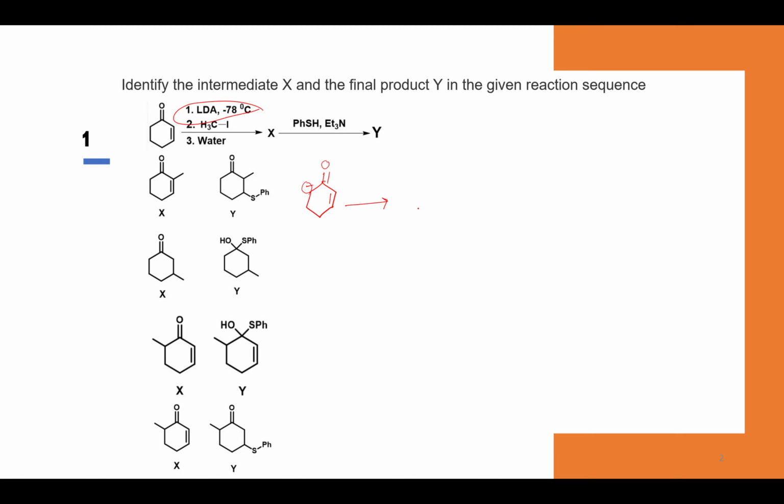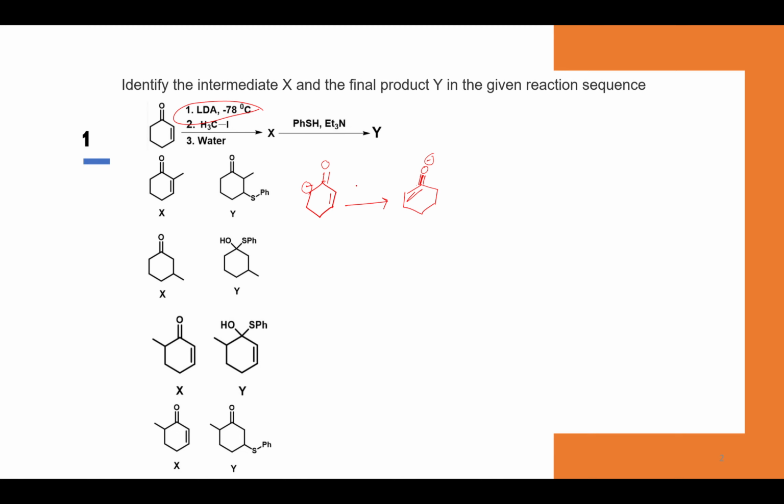So if I write the mechanism here, it will become enolate, O minus, like this.